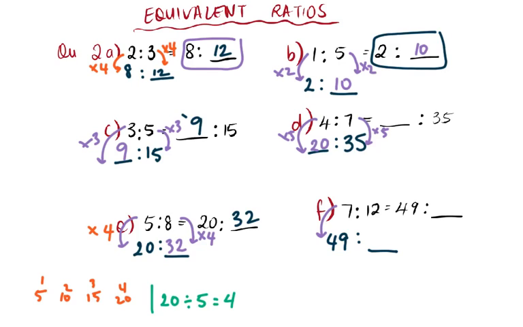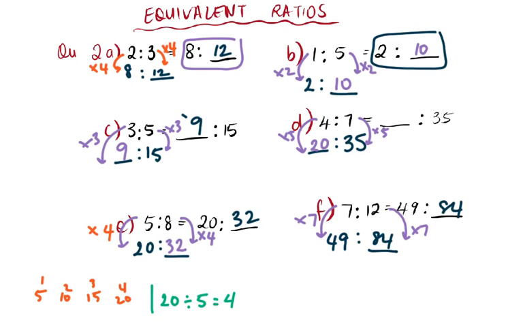So again, you can write out your 7 times tables, or you could do 49 divided by 7, and that will give you 7. So we're actually multiplying 7 by 7 to get 49. So what we do on one side, we've got to do on the other. So 12 times 7 equals 84. So the equivalent ratio here is 84.